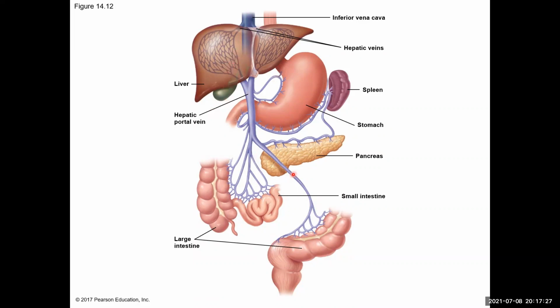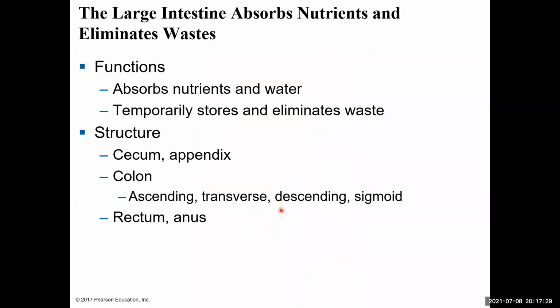So after the digestive material has left the small intestine and most of the food and water has been absorbed, the large intestine will absorb any remaining nutrients and water, and then it stores the waste until it's time to eliminate it.